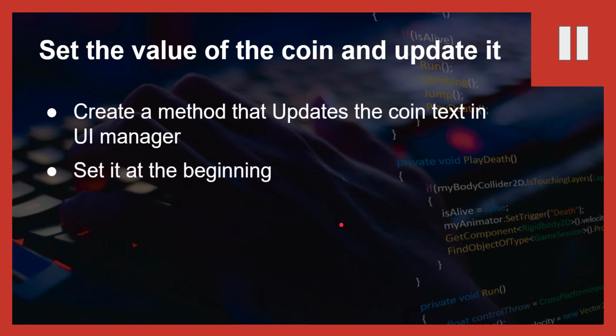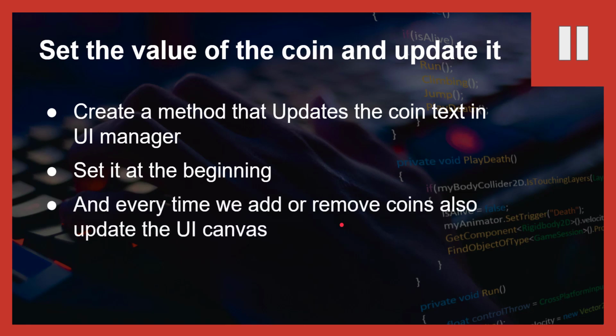Set it at the beginning, so you'll need to figure out where is the beginning, where do we set it, and also make sure that every time we add or remove coins we update it in the UI canvas. So with that out of the way, pause the video right now and go do the challenge.